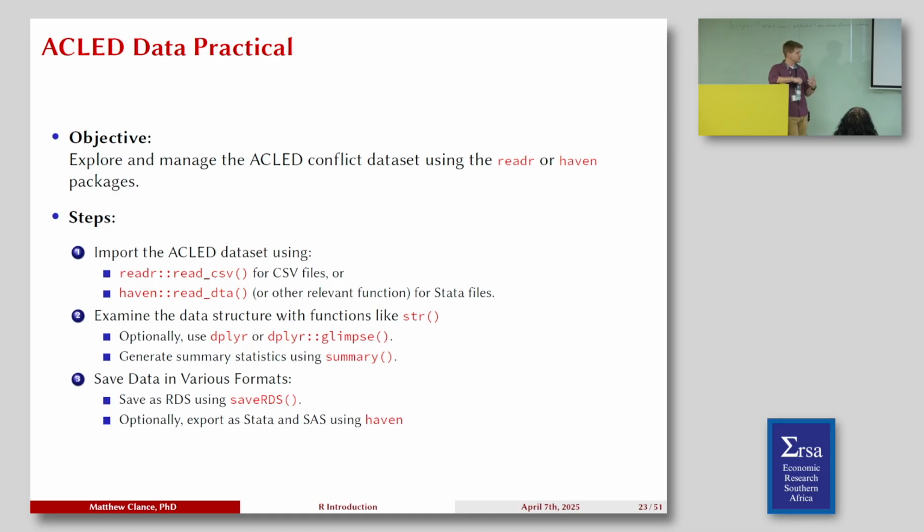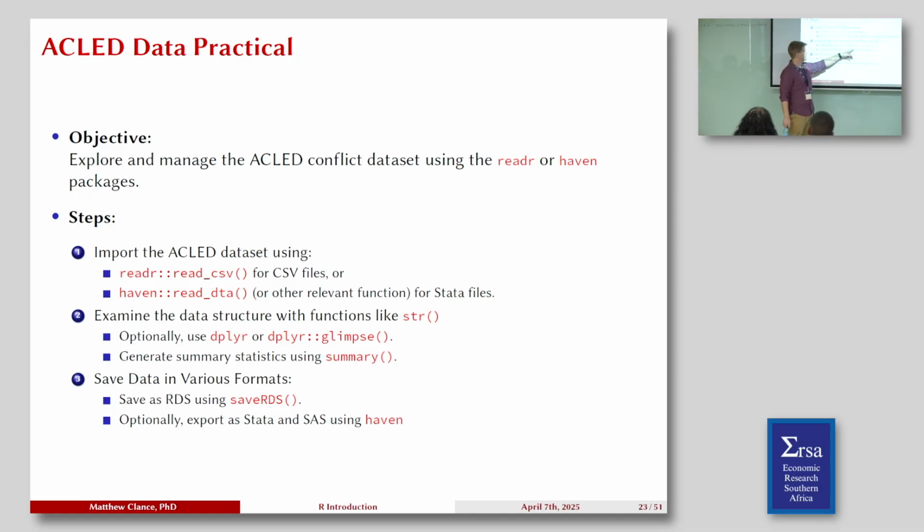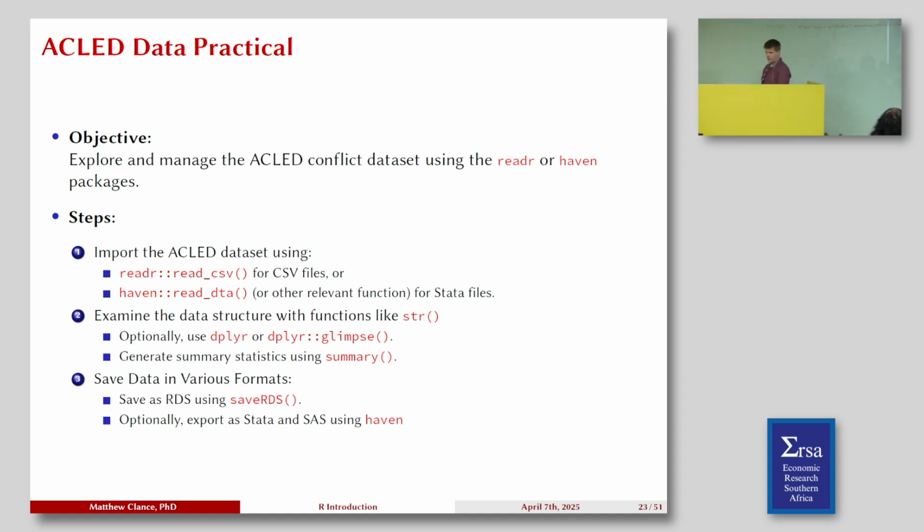The way R is structured, whichever package is loaded last gets that primary function name. So if I want to use dplyr here, but I have another program that has select in it, then I have to do this to tell it to use this particular function. It's typically not horrible for most cases, but because I load a lot of different programs, it becomes a bit of a headache. So you'll see me sometimes do that just out of habit, not meaning that you have to. I'll try to give an idea when that happens.